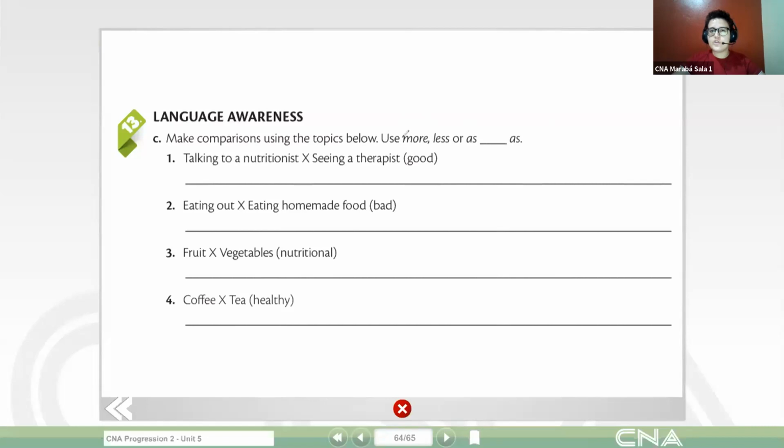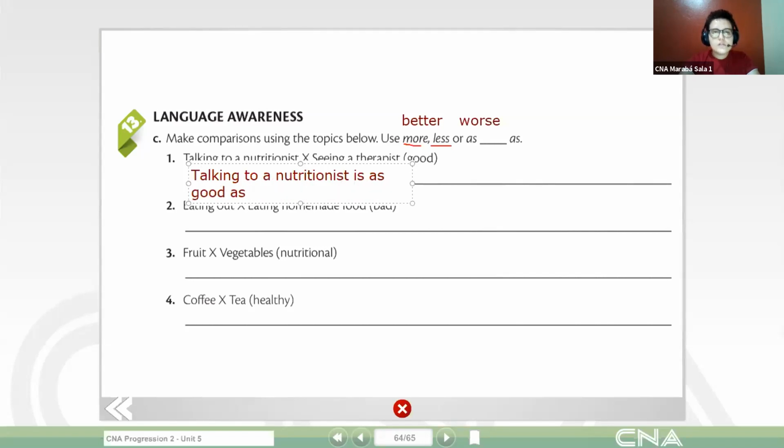So if I want to use good for more or for less, I have to use a specific word. For more is better. For less is worse. And for as is the same. So talking to a nutritionist is as good as seeing a therapist.